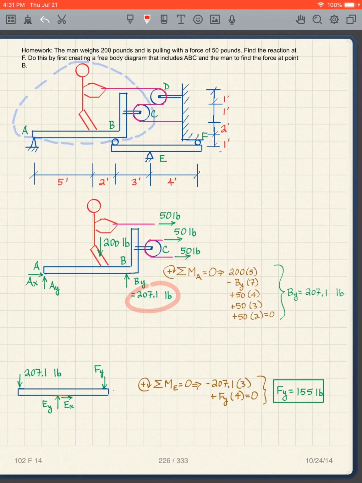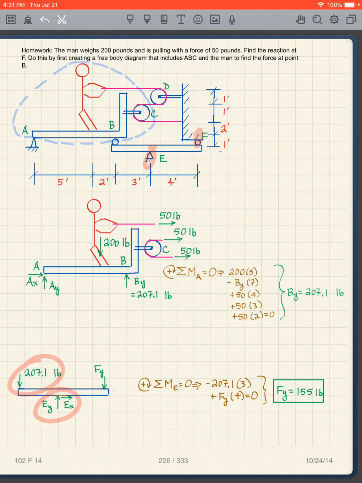That means I have 207.1 going up on this beam member, and then that means what? I have 207.1 going down on this beam. So I have the 207.1 on the left, I have an unknown reaction there, and then the unknown reaction here.